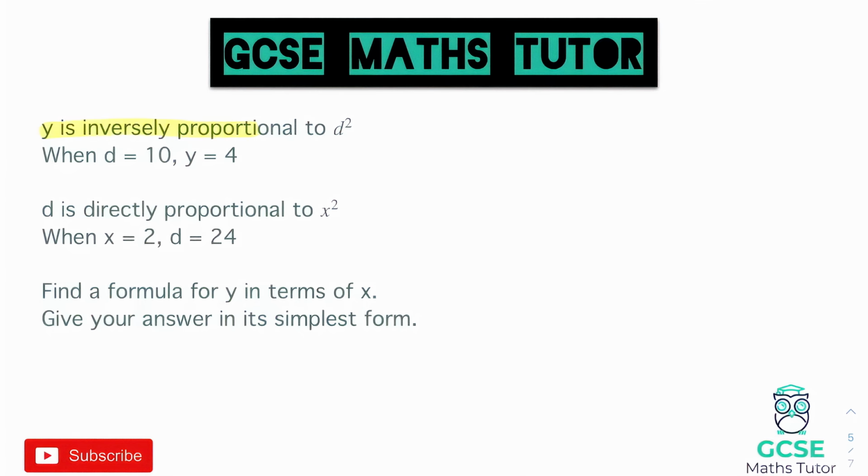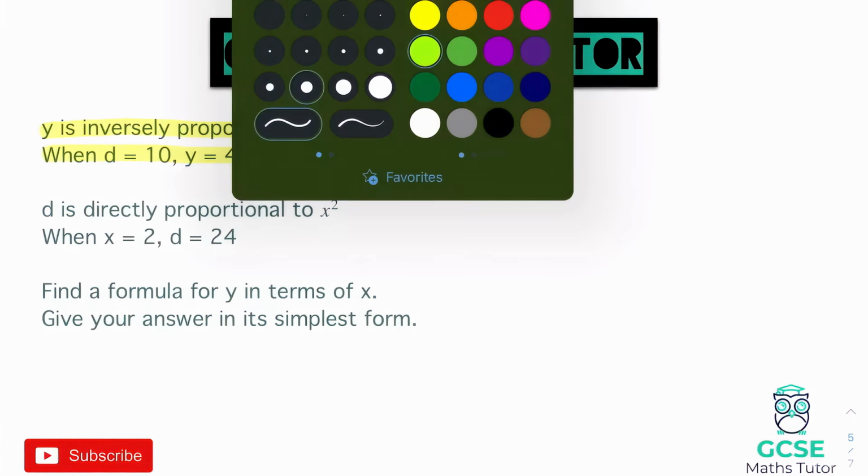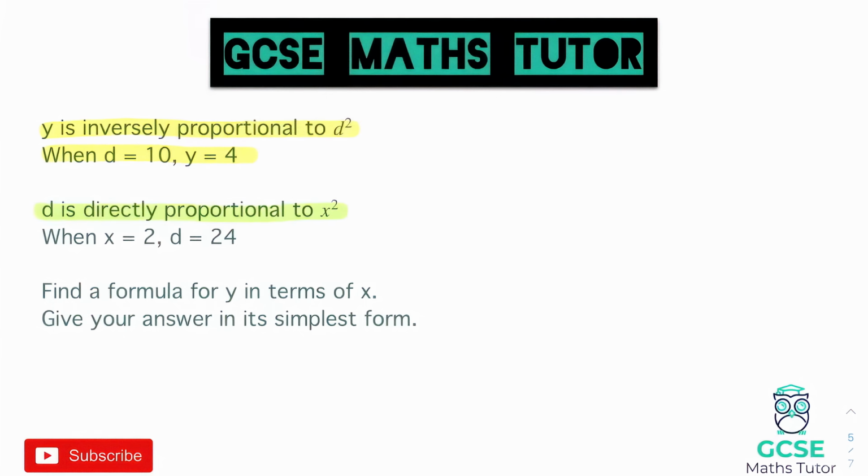We're going to deal with this one here, where we've got y is inversely proportional to d squared, and then we're going to deal with this one, where we've got d is directly proportional to x squared. So treating it in the same way, let's create a formula for this first one. y is equal to, and it's inverse proportion, so k over d squared. And then we can sub these numbers in. We've got d is 10 when y is 4. So we've got 4, which is y, is equal to k over d squared.